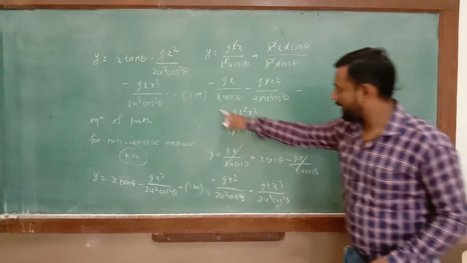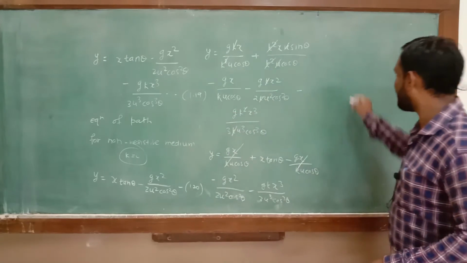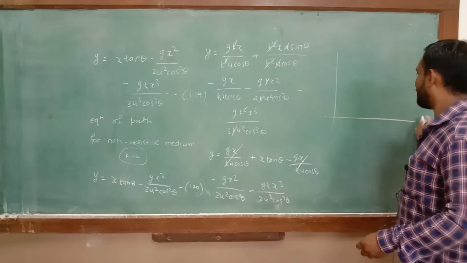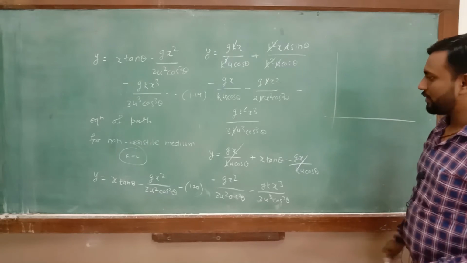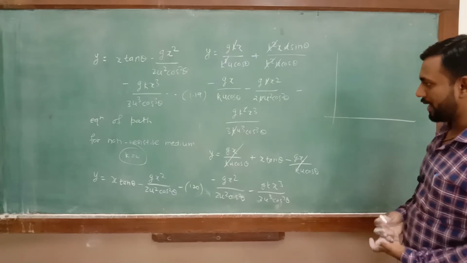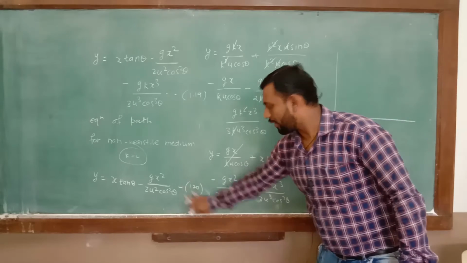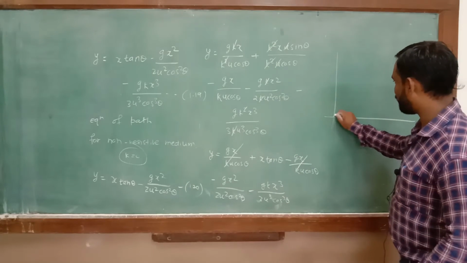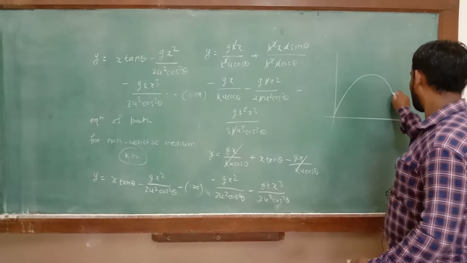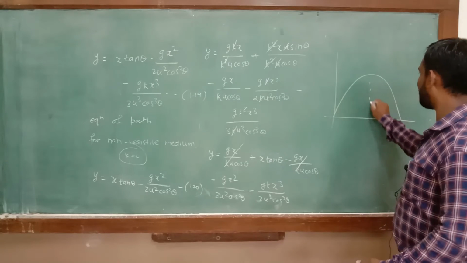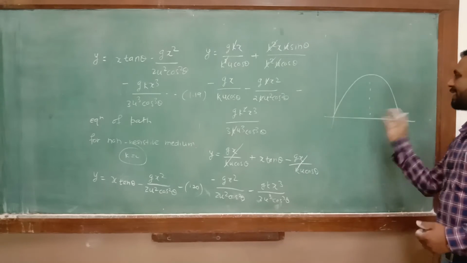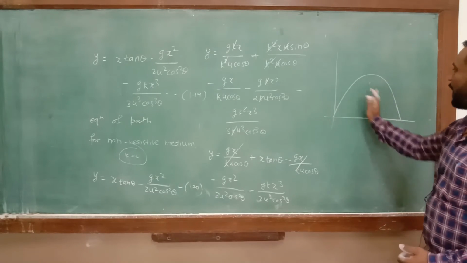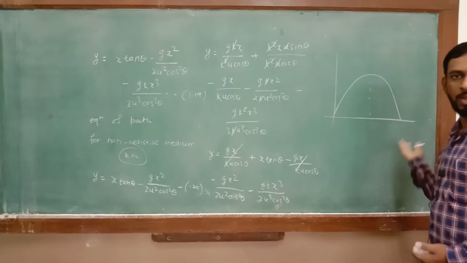If you compare equation 1.19 and equation 1.20, graphically the motion will look like this. If there is no resistive medium, for K is equal to 0, according to equation 1.20, the motion of the projectile looks like this. There is a symmetricity in this motion. This half part is a mirror image of the other half part.